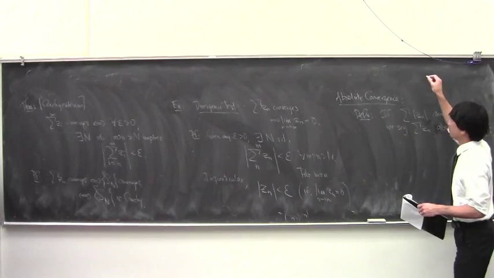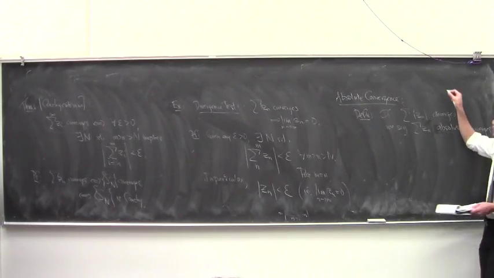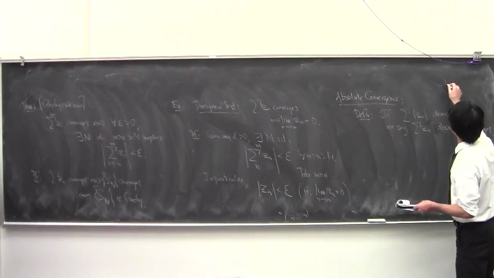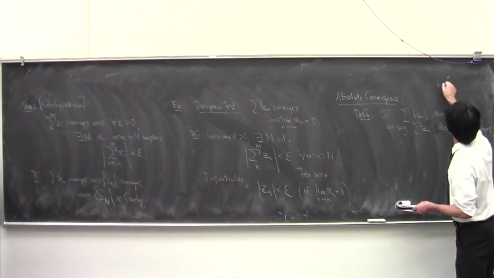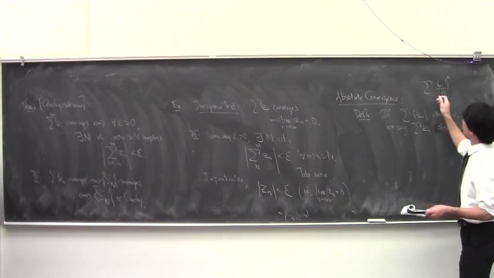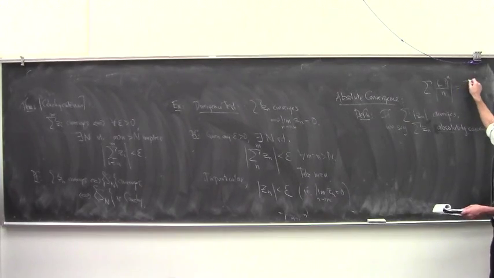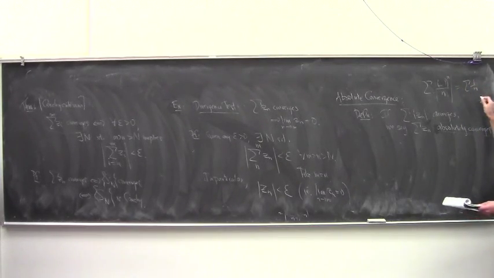You probably know some examples. Can somebody give me an example of a series that converges, but not absolutely? (-1)^n over n. Yeah, that's good. If you take its absolute values, you get the harmonic series, which diverges.